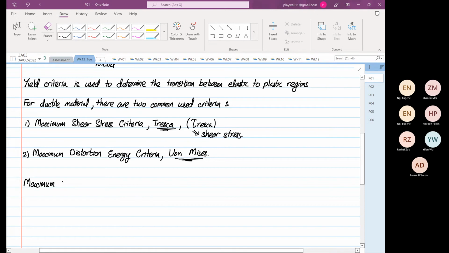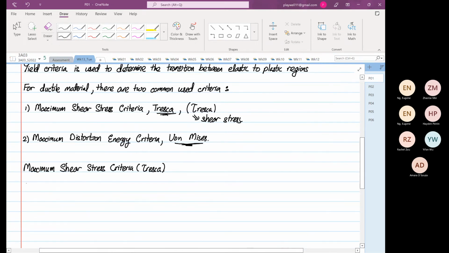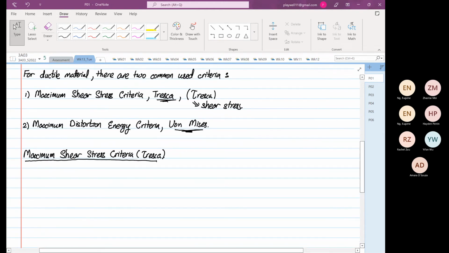So let's look at the maximum shear stress criteria, which we also call Tresca. The criteria has two formulas.